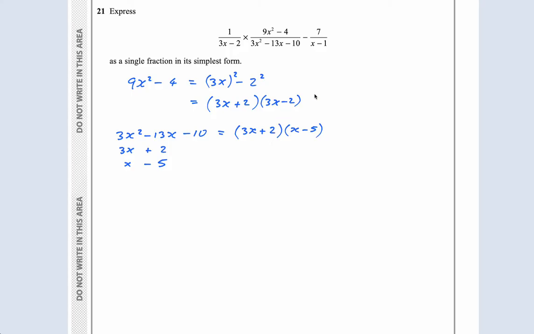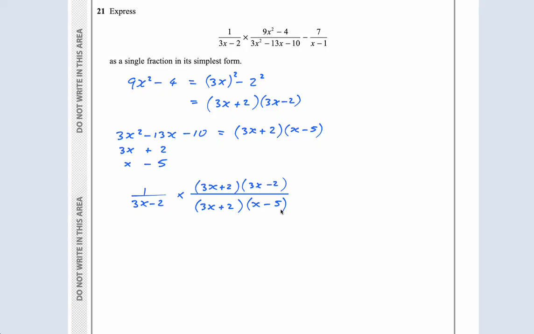Now I'm going to write this as 1 over 3x minus 2, times, instead of 9x squared, 3x plus 2 times 3x minus 2, and instead of the denominator, 3x plus 2 times x minus 5.